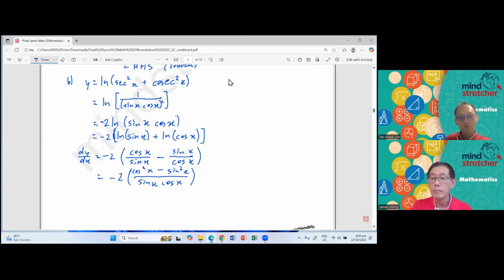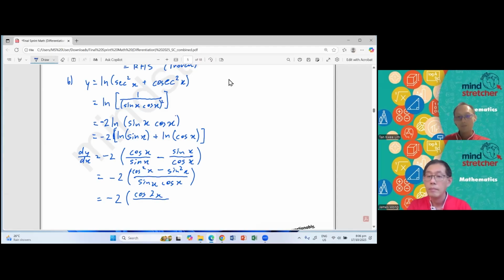For this cosine square x minus sine square x, if you can recall, this is also cosine 2x. So we can change this to cosine 2x over sine x cosine x.